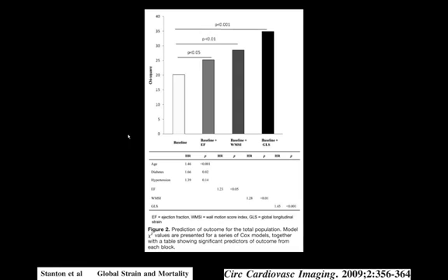This, again by the group of Marwick, showed that GLS was more powerful in predicting death in a 5-year follow-up of almost 400 patients, as opposed to wall motion score index, which was superior to EF, which was superior to just a baseline score composed of age and the presence or absence of diabetes or hypertension.